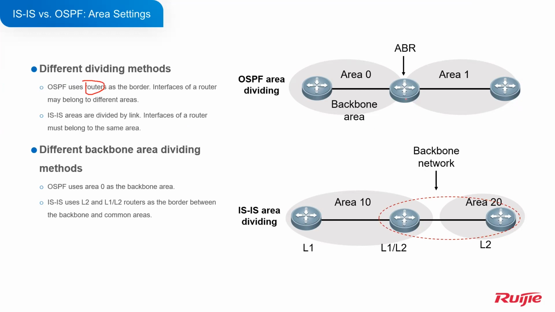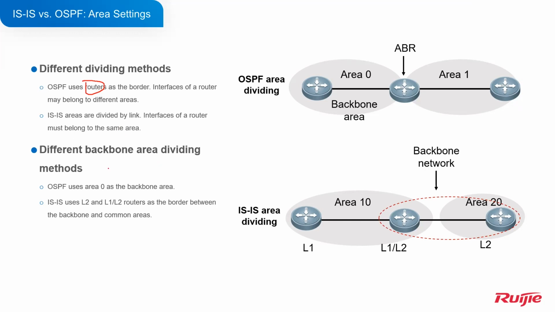So one router can belong to different areas, and different interfaces can be located in different areas. So this is different. But ISIS is divided by link. So for one router, all interfaces must belong to the same area. So this is the first difference about the area setting.